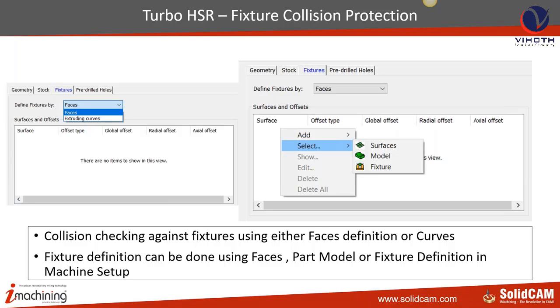It will leave that much area. You can also provide an offset to it, whether global, radial, or axial. Based on the offset that you have provided, it will leave that much area and move to the other area. It will not machine the area where the fixtures are. For example, you have clamps. So it will leave the area for the clamp and it will machine everything else.